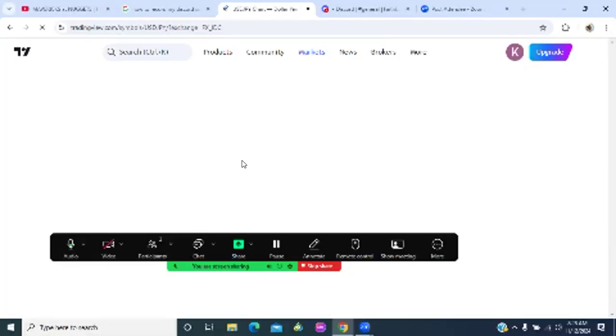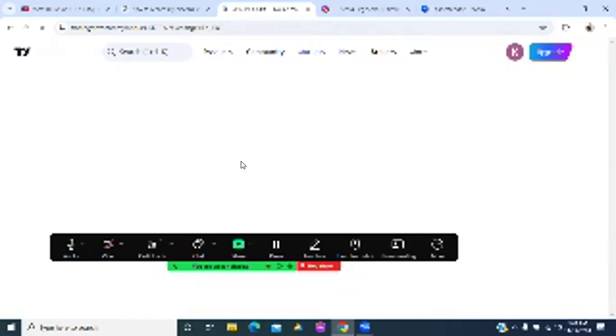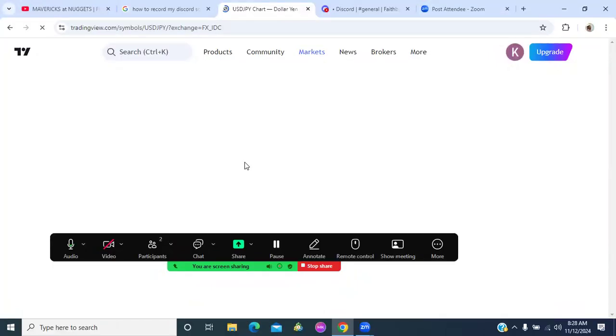Okay, so that's how I pulled up the chart whenever it decides to load.